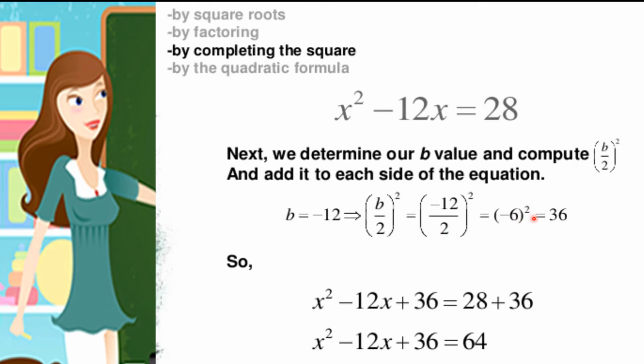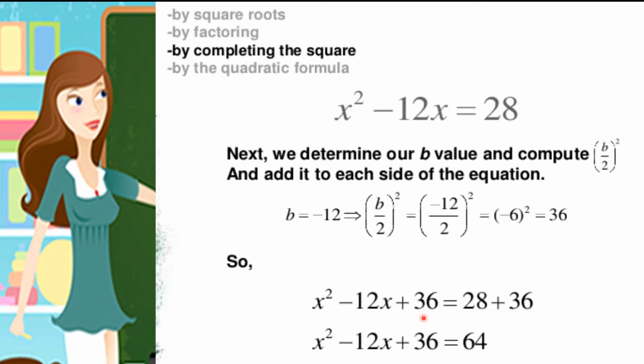Quantity squared is equal to, so yung negative 6 squared, ang ibig sabihin ng negative 6 times negative 6, ang sagot ay positive 36. So, yun ang ilalagay natin sa ating third term. So, magiging x squared minus 12x plus 36 is equal to 28 plus 36.